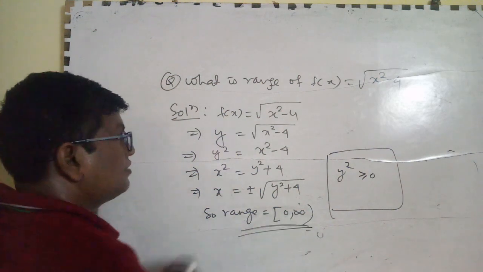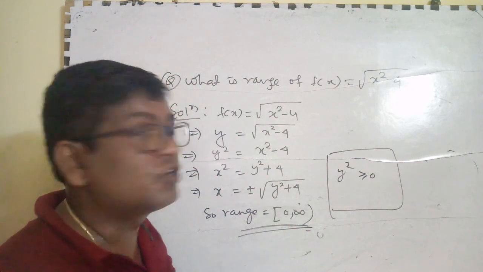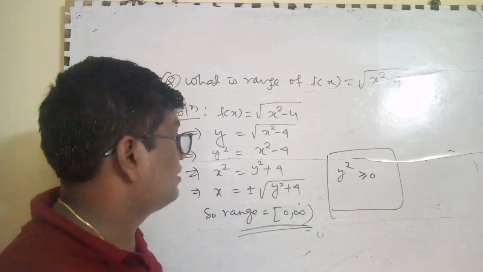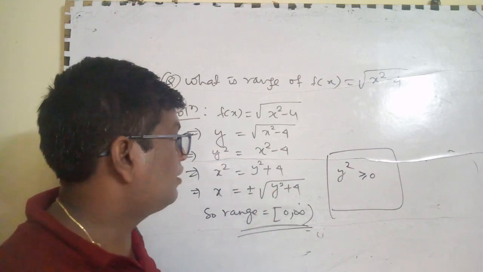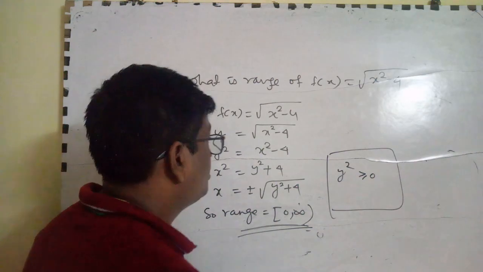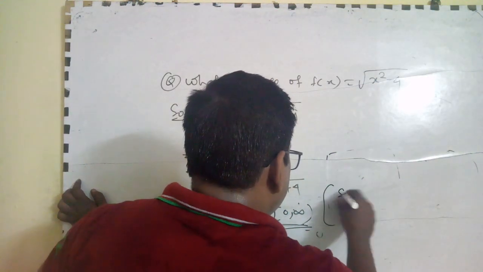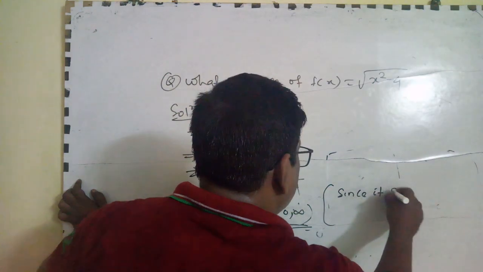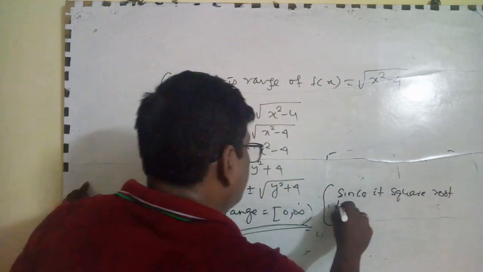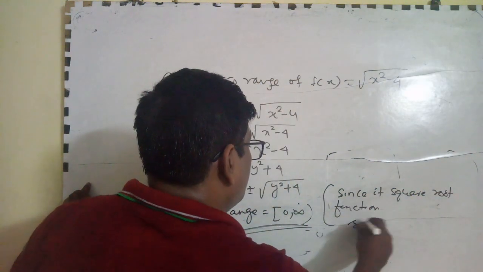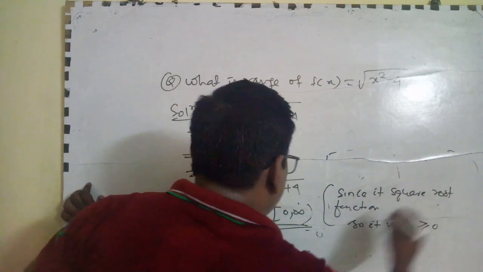Please pay attention to this. This is a special type of question. This is a square root function. What is the range of this? Since it is a square root function, its value is greater than or equal to 0.